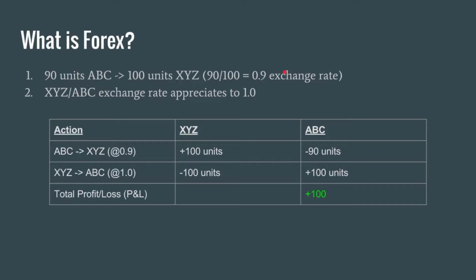But then let's say overnight, the XYZ currency against the ABC currency appreciates from 0.9 to 1.0, meaning that currency XYZ has increased in value relative to currency ABC, and therefore when you exchange the 100 units of XYZ back into currency ABC, you would receive 100 units, which is 10 above your starting value of 90 units. So in this instance, you would have had a positive profit and loss.